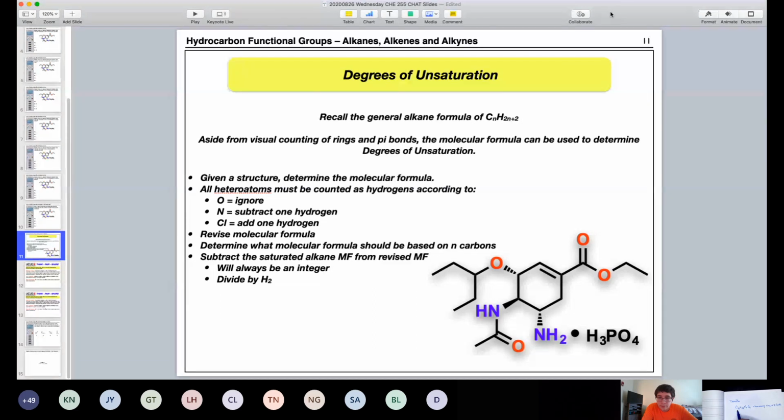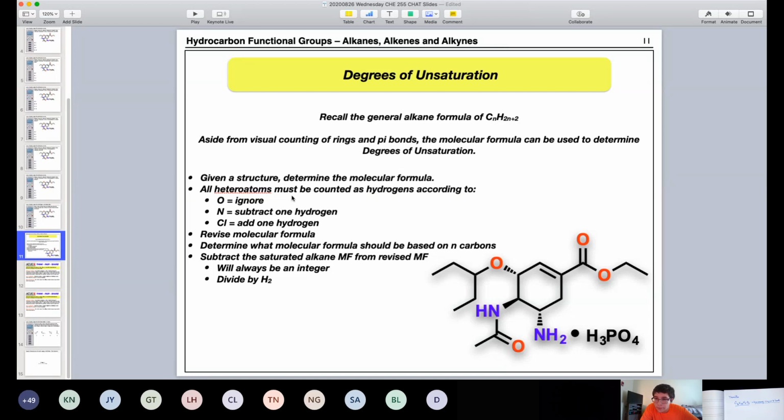If we're given this molecular formula, say you didn't even know what that structure was, how do you then determine that? So let's follow this algorithm on the slide deck. We're on step 2 now.